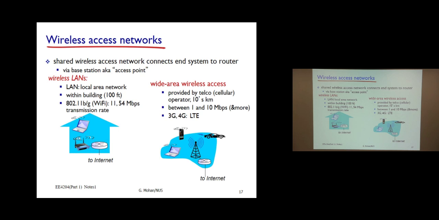And as far as wireless access network is concerned, as we have seen before, there are broadly two types: local area wireless access and wide area wireless access. Local area wireless access, an example is Wi-Fi, which is used inside the house, inside a building, or inside a small room. Theoretically, in the ideal case, it can go up to 100 feet, but practically, because of walls and other obstructions, it may be only 10 or 20 feet.